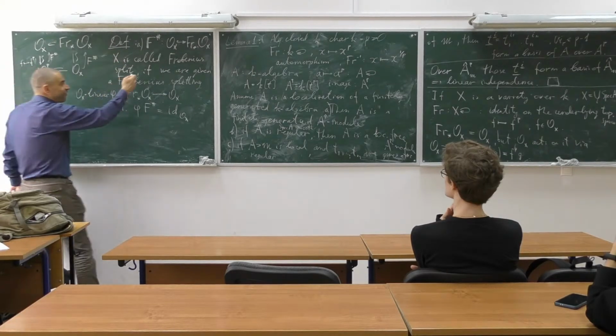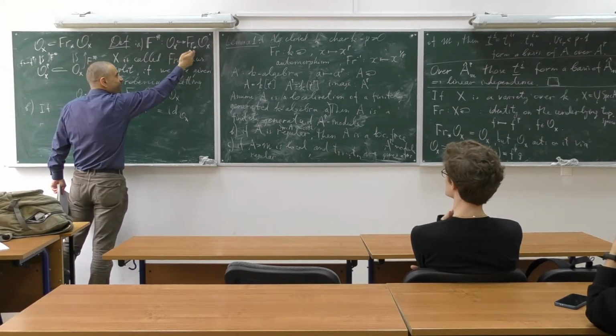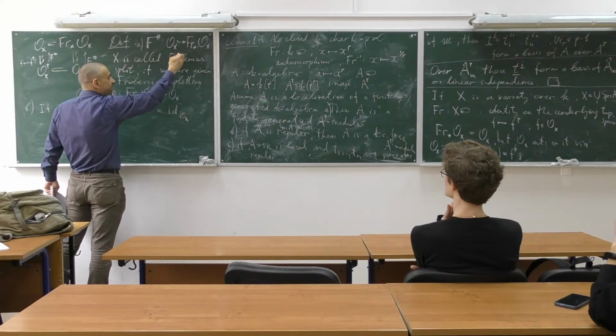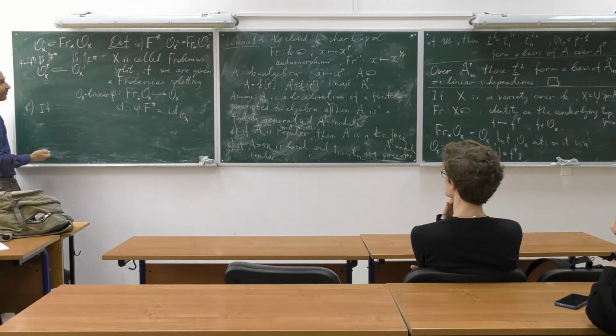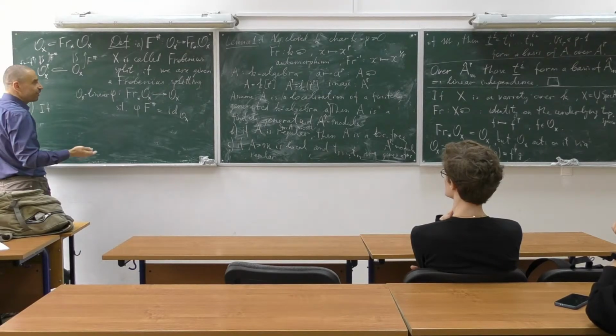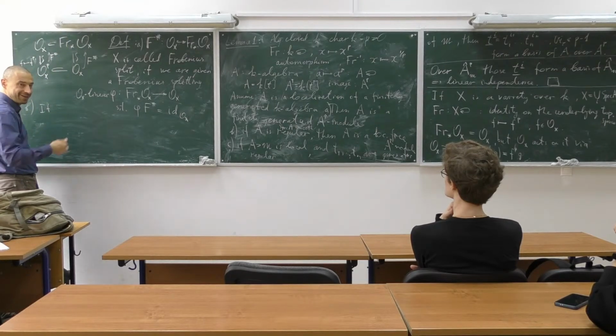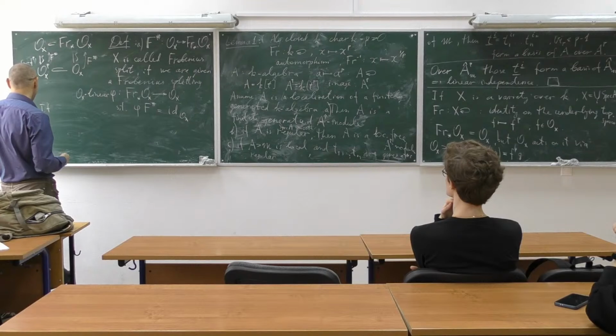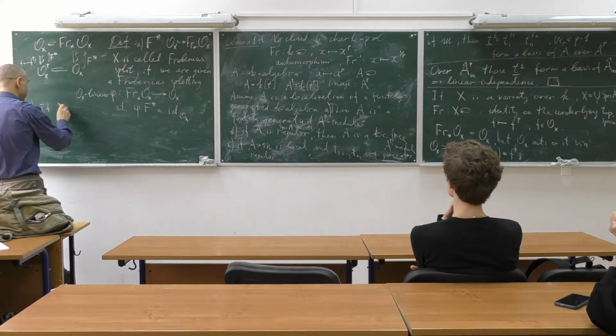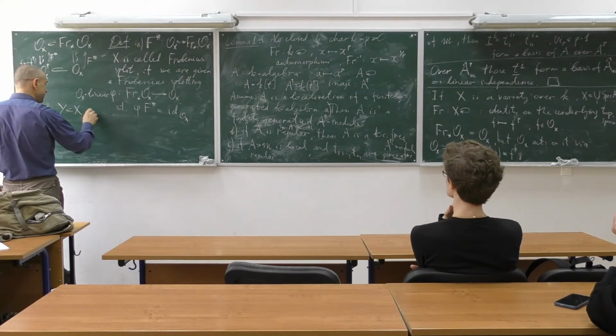For any morphism from Y to X, you will have such a morphism, just because when you lift functions from the base to the total space, you get functions on the total space.